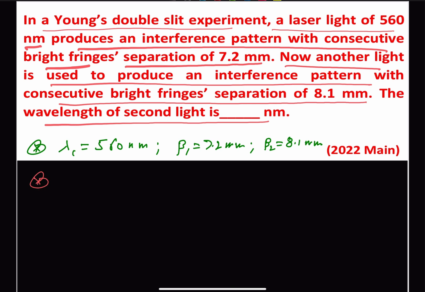And we know that beta, that is the fringe separation, is given as lambda D divided by d. Because here capital D and small d will be constant, therefore we can say that beta is directly proportional to lambda. From here we can write that the ratio beta 1 upon beta 2 will be equal to lambda 1 upon lambda 2.